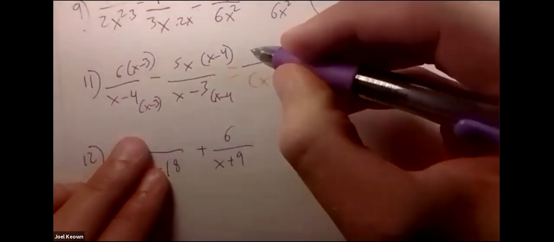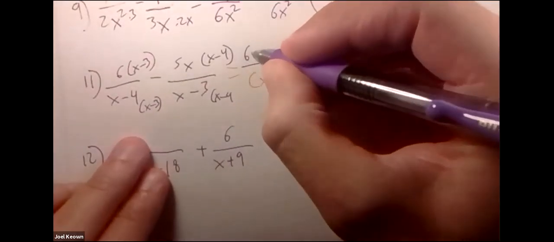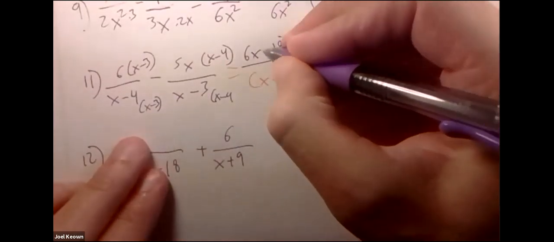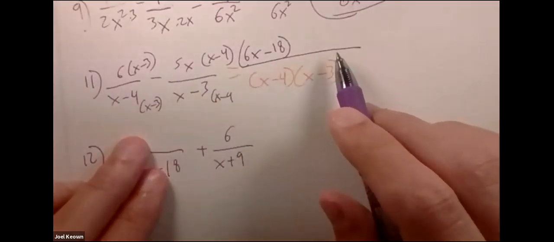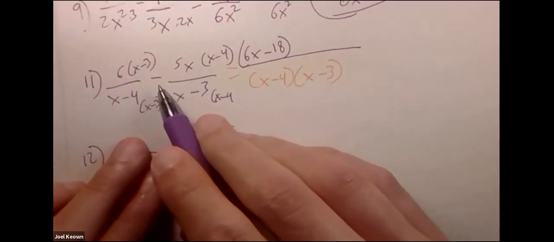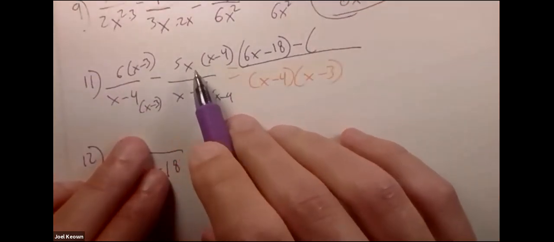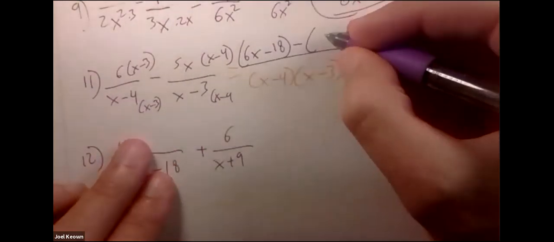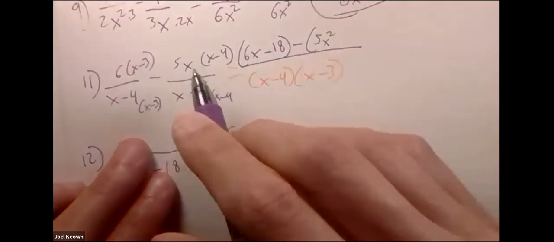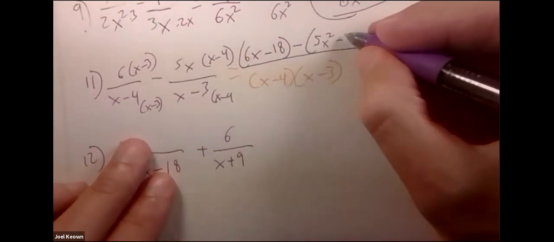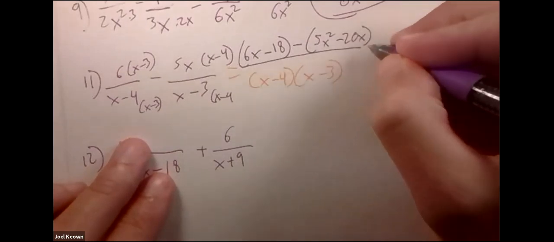Well, 6 times x is 6x. 6 times minus 3, negative 18. I'm going to put that in parentheses. I'm putting it all in one fraction right now, which is fine. But I need to be careful because it's subtraction, or minus, and then another parentheses for all of this. 5x times x, 5x squared, 5x times negative 4, negative 20x.